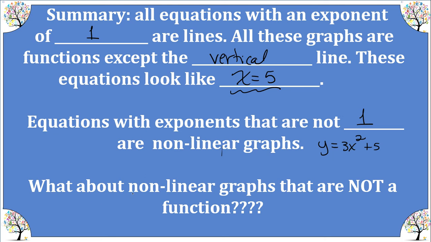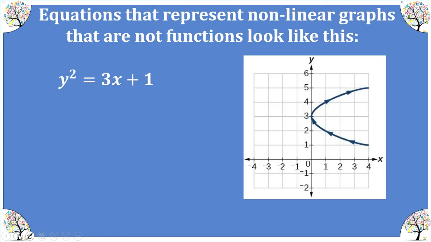So let's talk about nonlinear graphs that are not functions. We've looked at linear functions, we've looked at nonlinear functions, and we've also looked at linear non-functions. So what about a graph or a relation that's not a function and nonlinear? This is what it looks like.